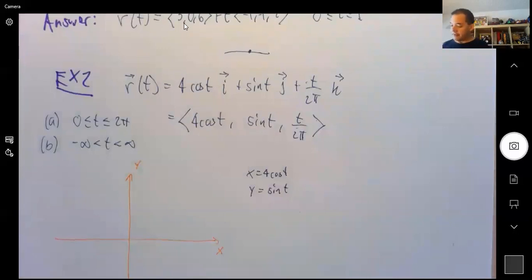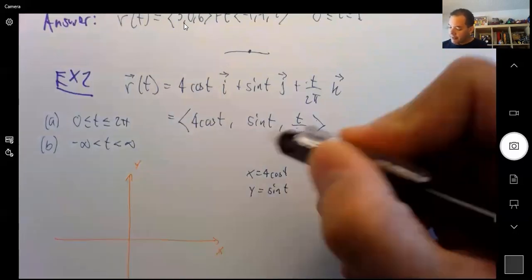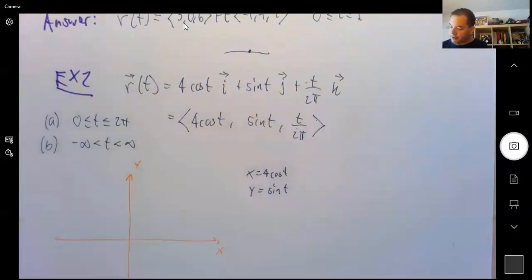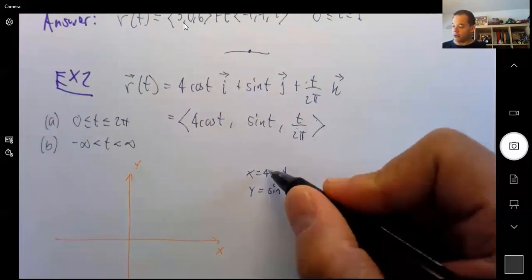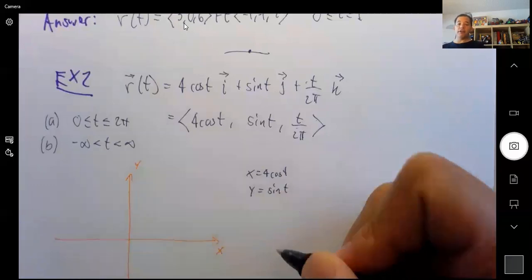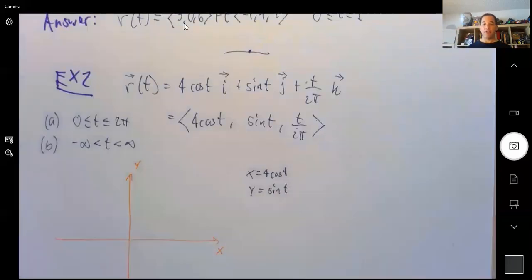The difference is that that circle had the same numbers here, right? 4 and 4. And this one has 4 and 1. So the only difference is that this circle is elongated on the x-axis. It's 4 times as long on the x-axis as it is on the y-axis. So it's not really a circle, it's an ellipse.